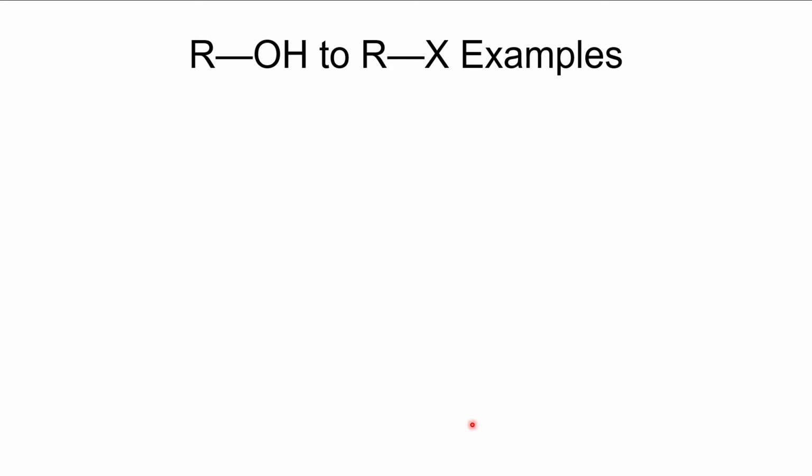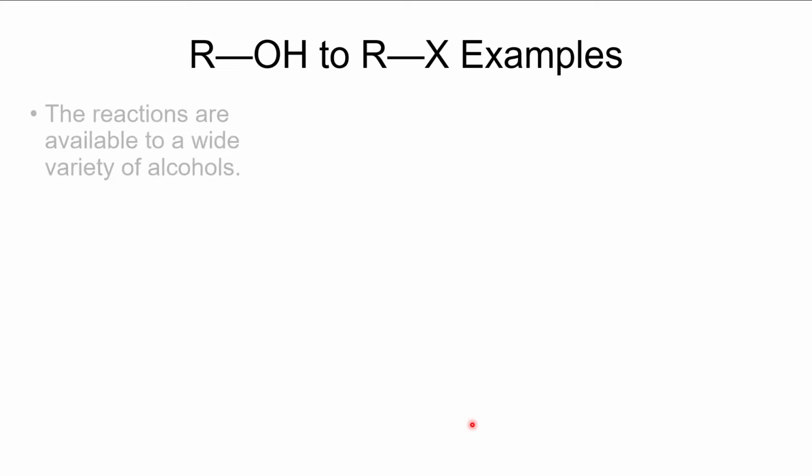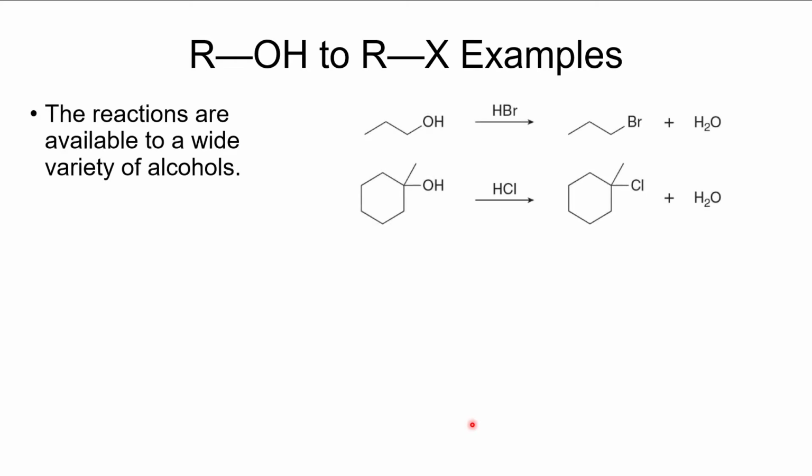Let's look at a couple of examples. I'll show you one that's primary and one that's tertiary, so it works with a wide variety of things here. So here with the primary alcohol, we can convert that alcohol into the bromide using HBr.